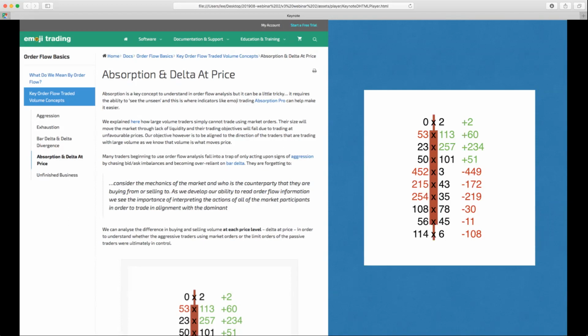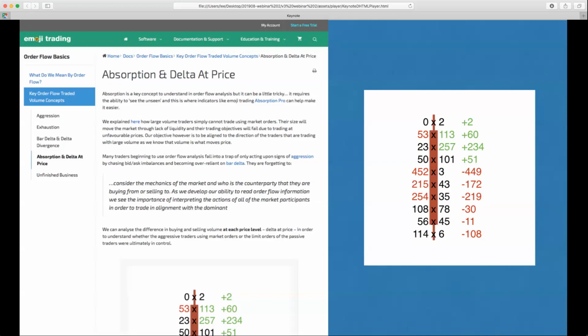So we can interpret that the aggressive buying activity at the top of this candle was absorbed by stronger passive sellers. If it hadn't been absorbed, price would keep moving up. As market orders consume the liquidity of the limit orders, if all of the limit orders at a given price level are consumed, we move up to the next level.